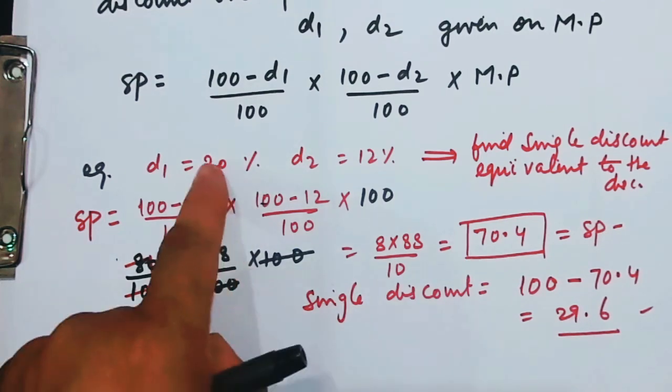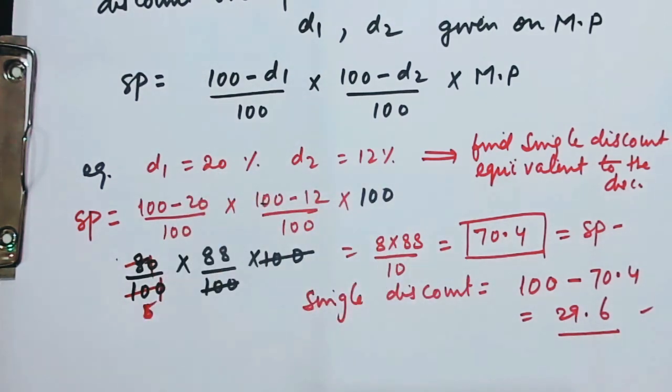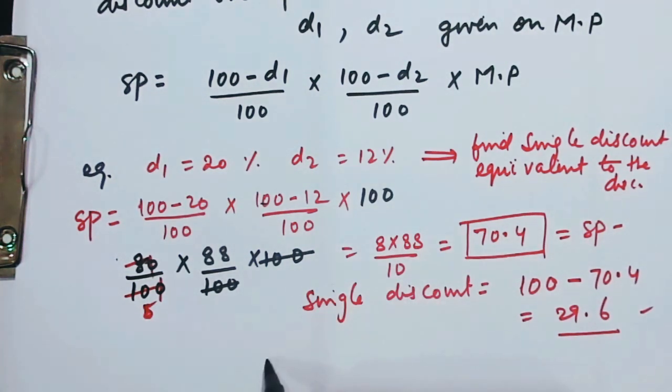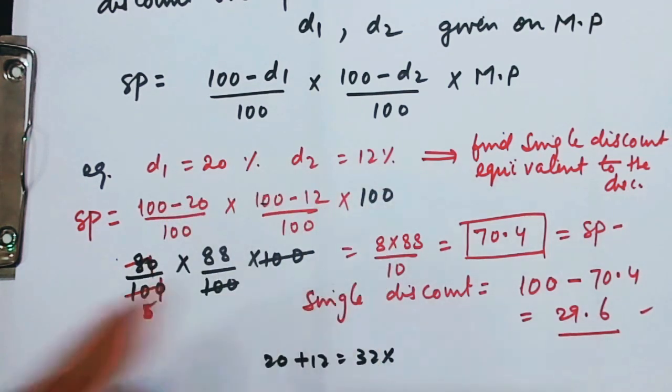Clear? Now, there are some children who will try to prove themselves smarter by adding 20 and 12. Sir, in that case I can add 20 and 12 and get 32%, which the shopkeeper would have given instead of 20 and 12.